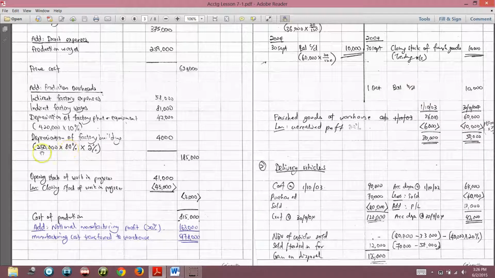The freehold property is 250,000, times 80% is the factory building, so it should be in the manufacturing account under production overheads. The depreciation rate for freehold property is 2%, so this will be 4,000.